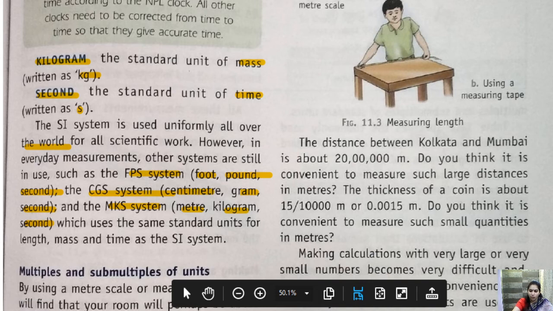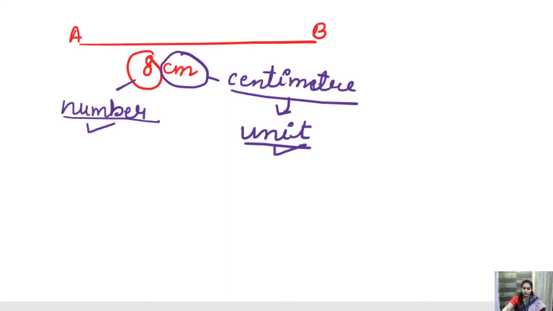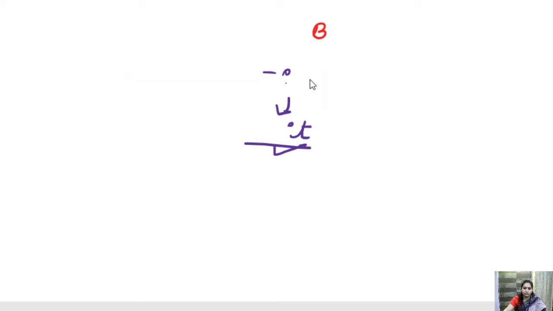I hope you are getting my point, children. So we have different units for different measurement. What is important here is that we are following the MKS system.